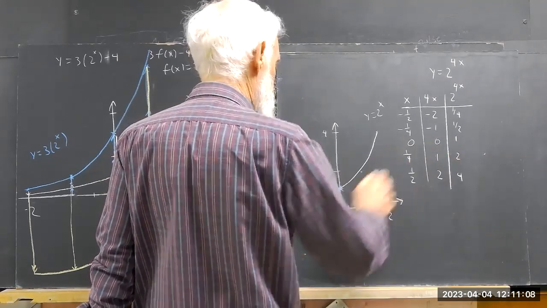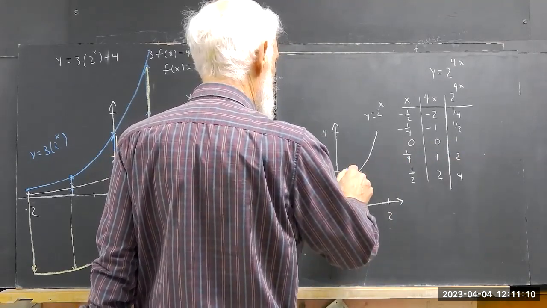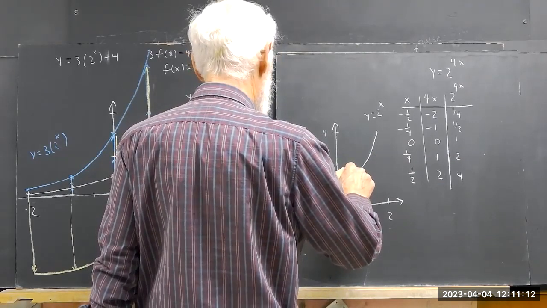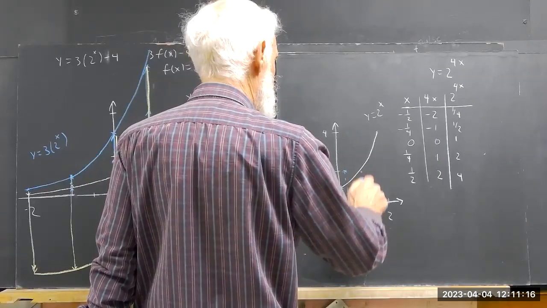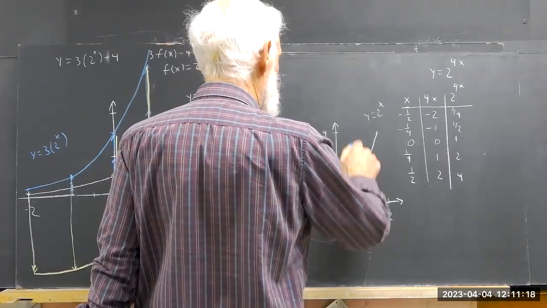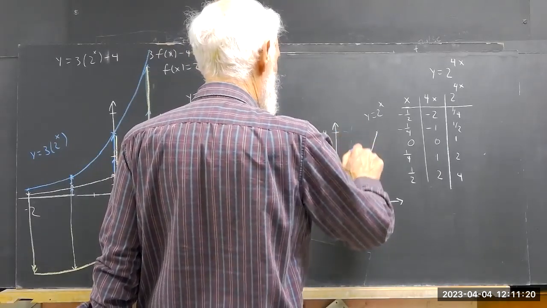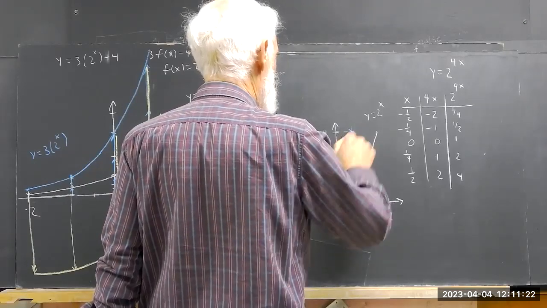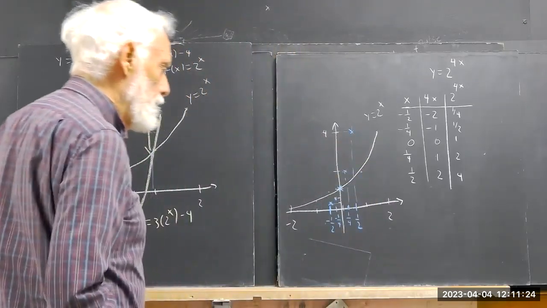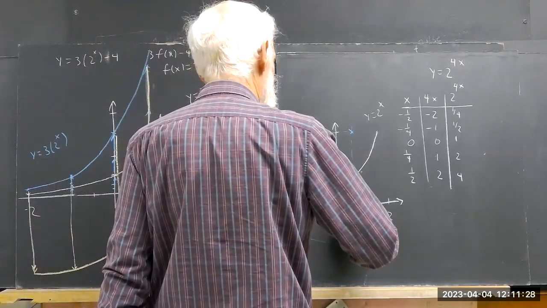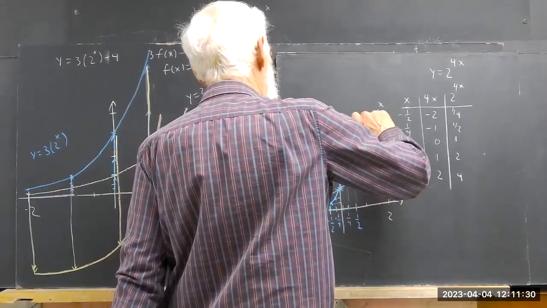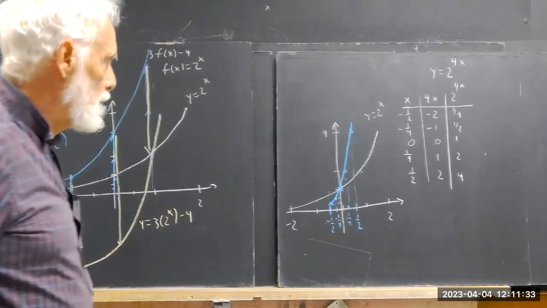That's not going to change. 1/4 is going to go with y equals 2. And 1/2 is going to go with y equals 4. So there are the 5 points on this graph. And you see if the graph looks like this.